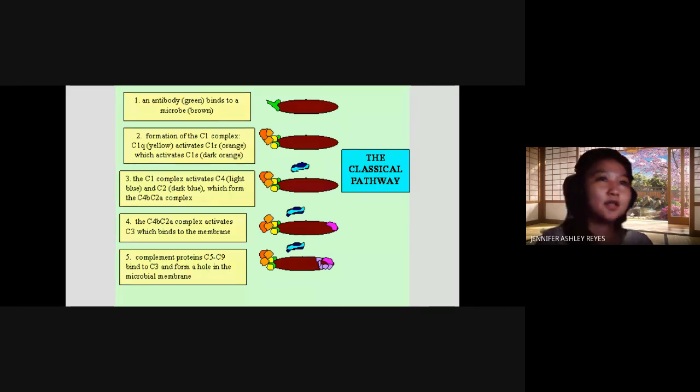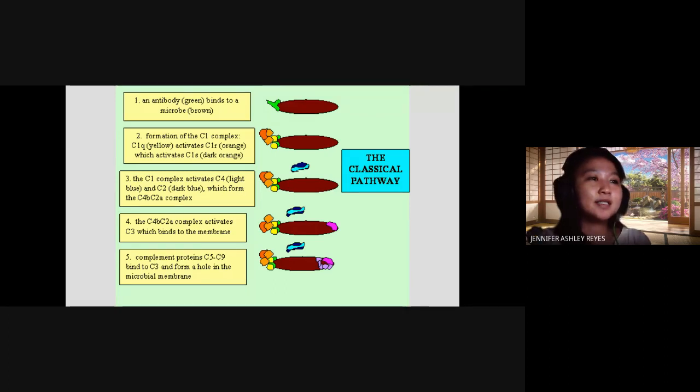So again, meron tayong antibody nag-bind sa antigen. Classical pathway ha. Tapos yung presence of an antigen-antibody complex will be recognized by our immune system. So meron tayong C1 which will recognize the presence of that antigen-antibody complex. Pero yung C1 natin, hindi siya basta C1 lang.